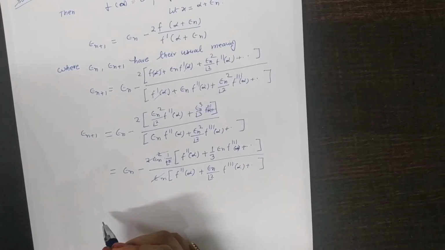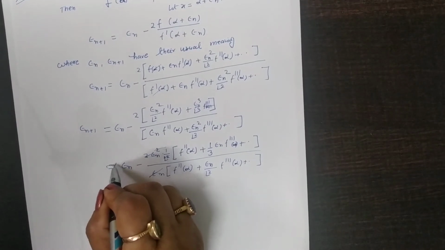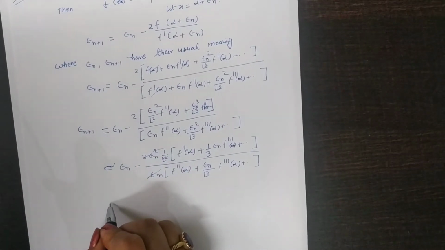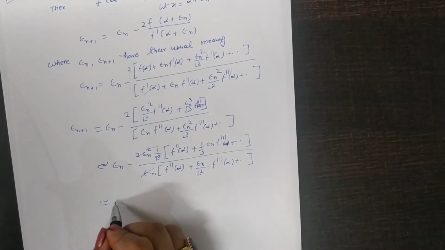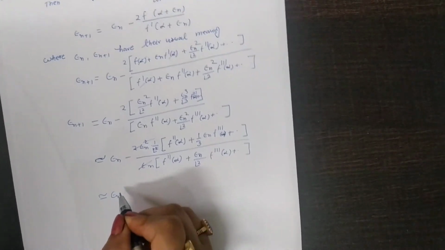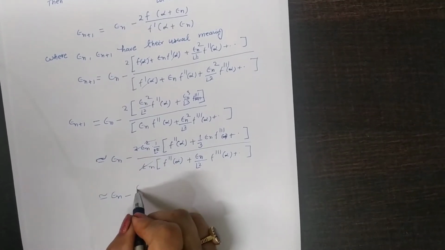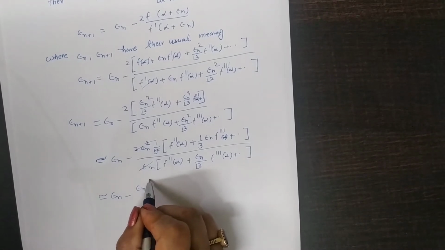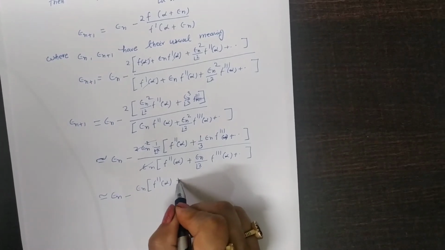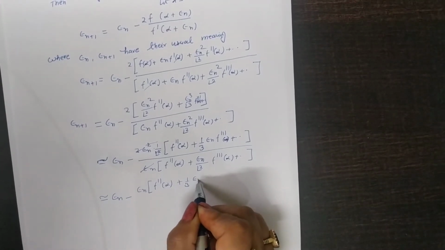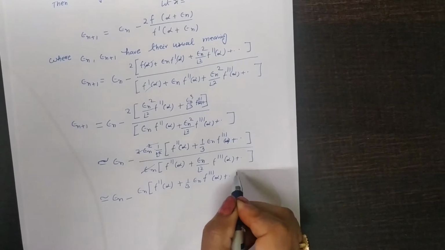So here you get, because you have taken the approximate terms, approximately you can say that, because you neglect some other terms, epsilon n minus, here epsilon n is also here, so epsilon n, here is f double dash alpha plus 1 by 3 epsilon n f triple dash alpha plus up to so on.